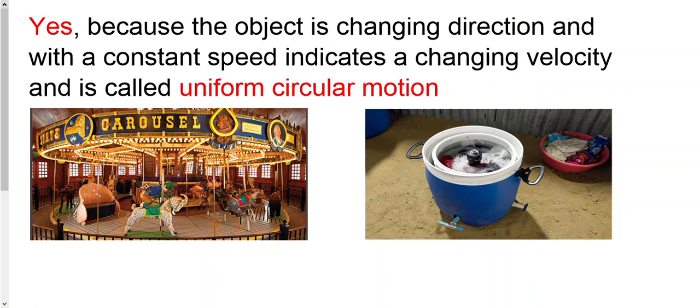If you're riding the merry-go-round, you would notice that the object may have a constant speed all throughout, but its direction changes relative to the frame of reference. The same thing with this washer, where it continually changes the direction of the clothes inside, but it does move at a constant speed. That's what we call uniform circular motion, and that is what we're going to deal with in terms of our concept today.